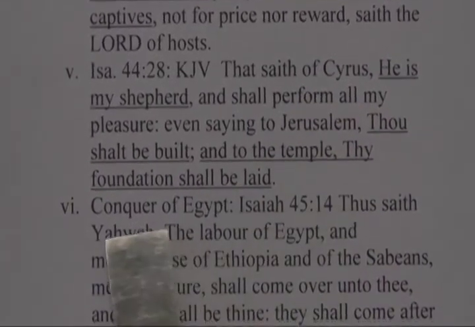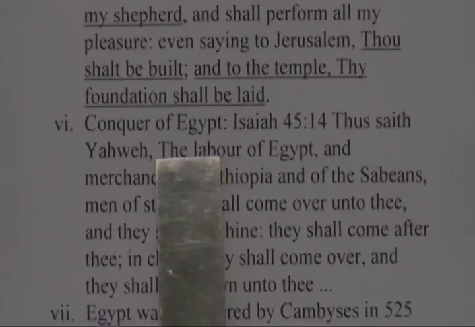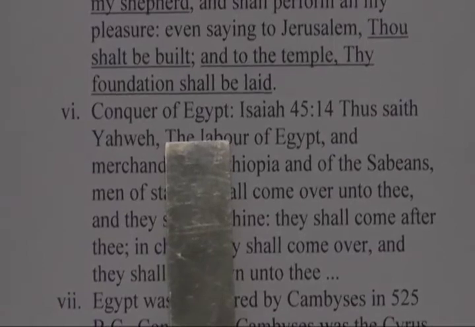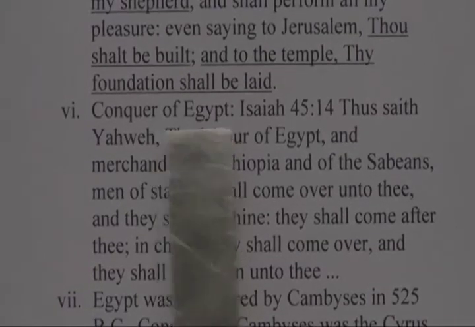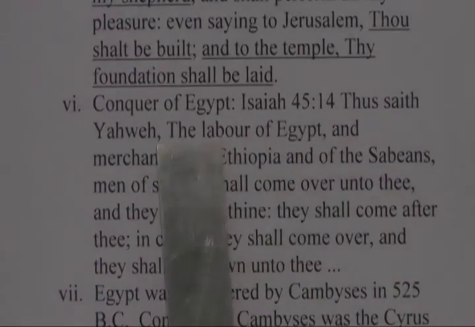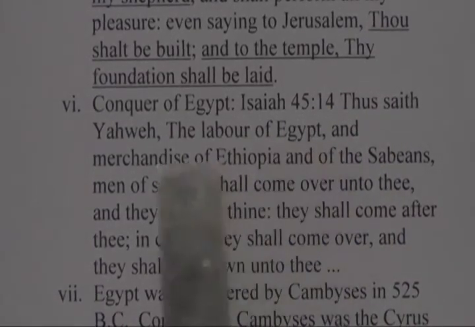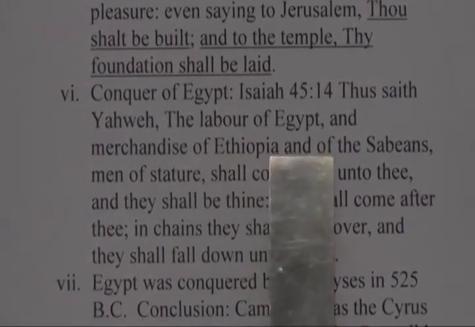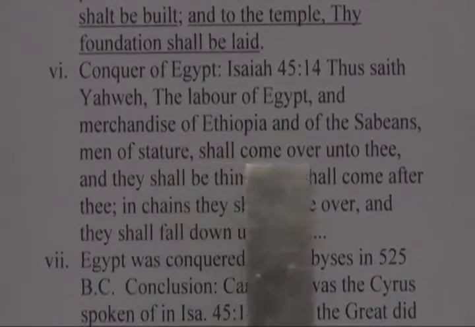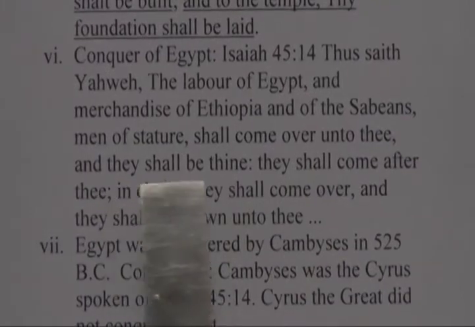Now, here's the passage that actually identifies which Cyrus the passage is talking about in the first instance. Isaiah 45:14. Thus saith Yahweh, the labor of Egypt, and the merchandise of Ethiopia, and of the Sabaeans, men of stature, shall come over unto thee, and they shall be thine.